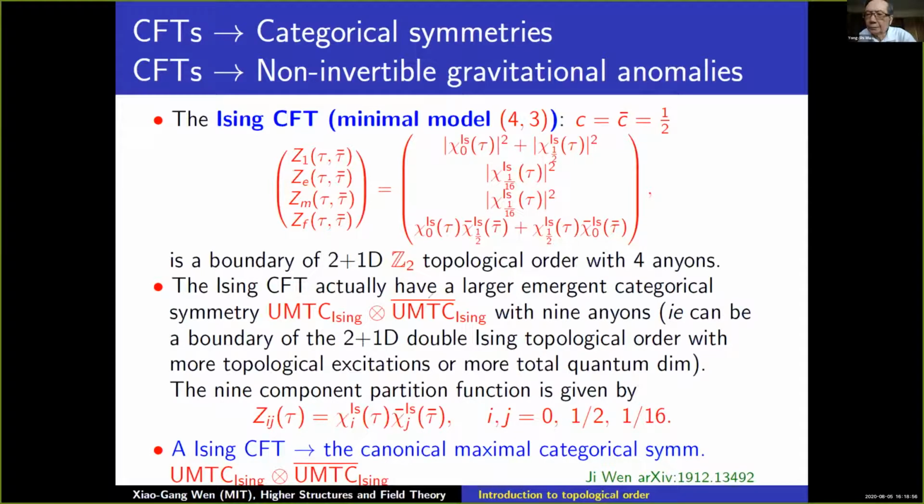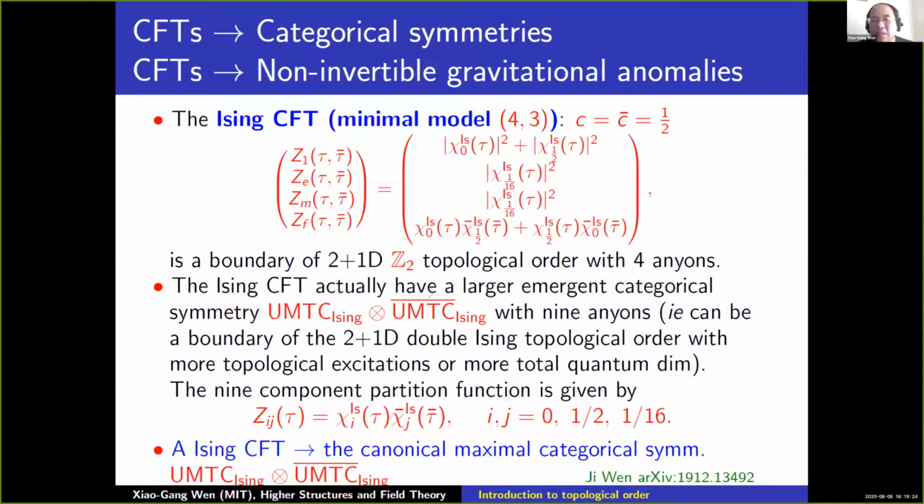So maybe that's a statement that became much simpler. That is, at least in 1+1 CFT, which have a G symmetry breaking, their categorical symmetry is a G quantum double. Okay, so may we say that the categorical symmetry is a sort of generalization of the quantum double?